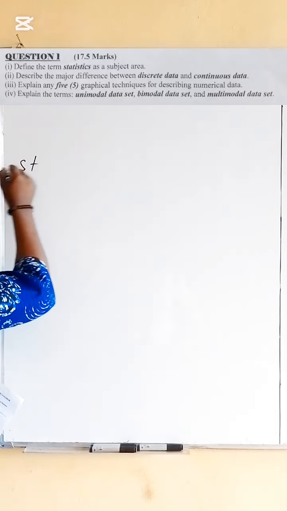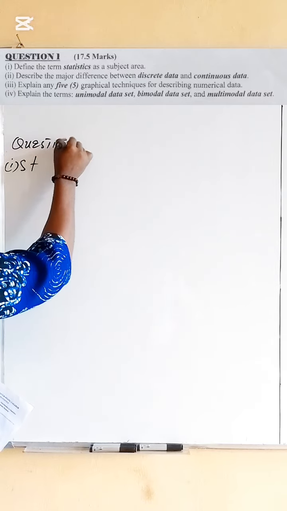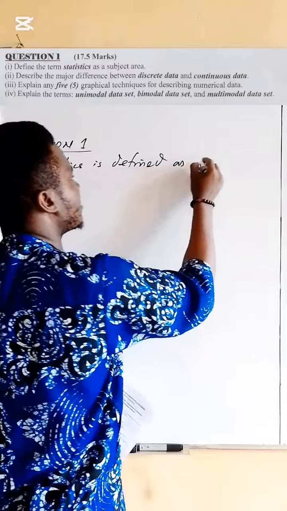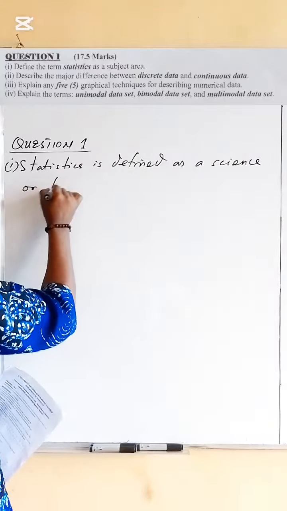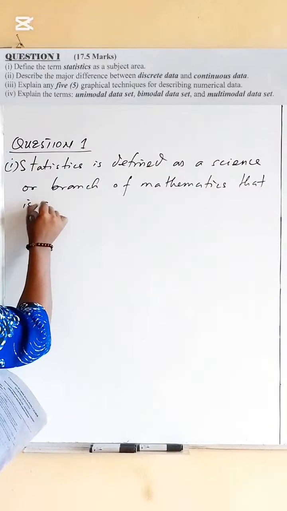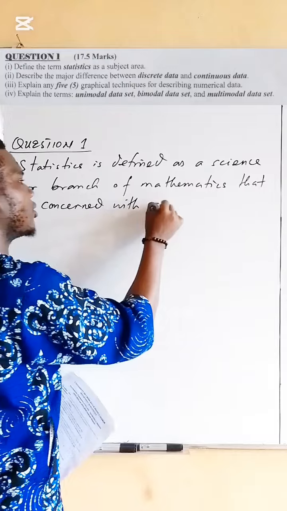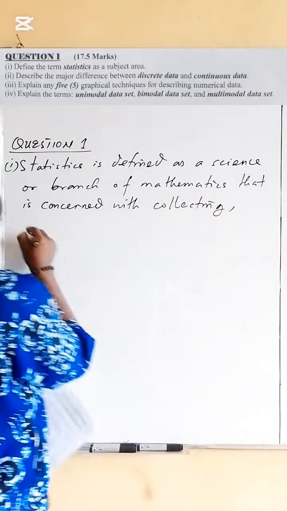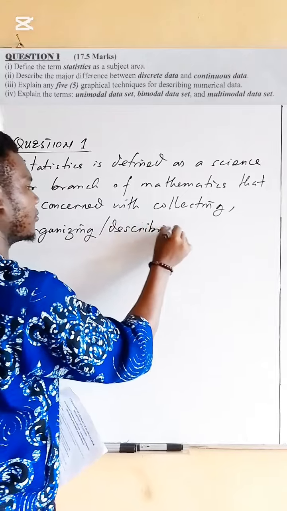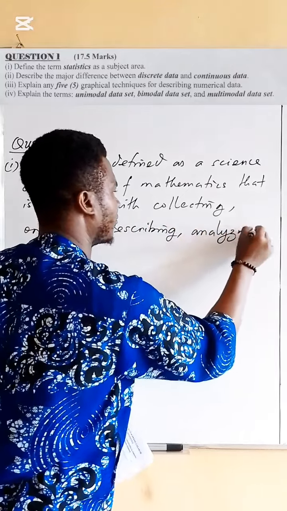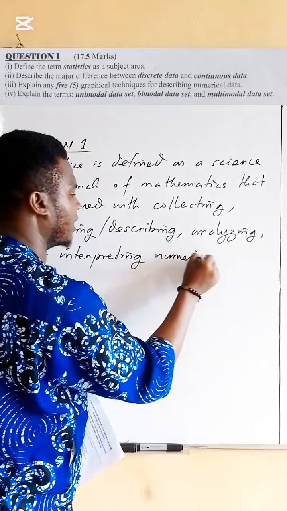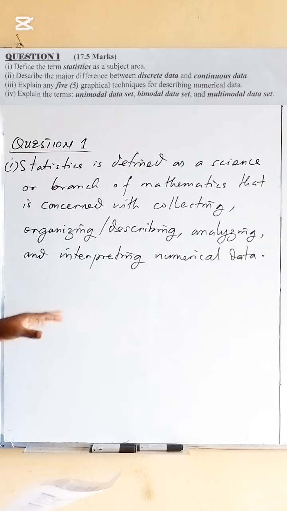So to answer that question, statistics is defined as a science or branch of mathematics that is concerned with collecting, organizing, describing, analyzing, and interpreting numerical data. So that answers question 1I.